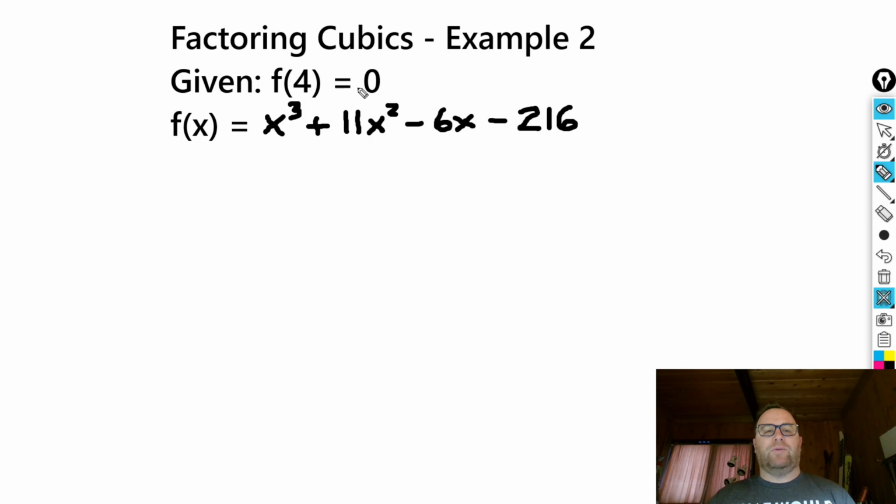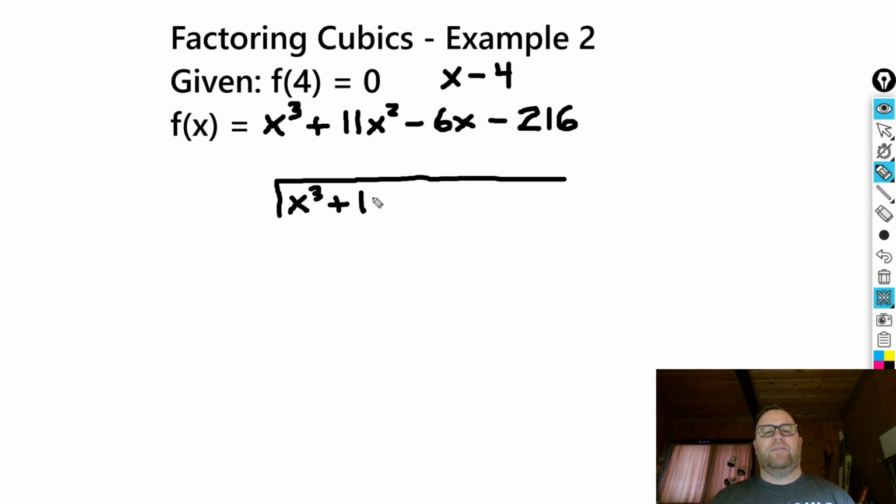Since f of 4 equals 0, we know from the factor theorem that x minus 4 is going to be one of the factors of f of x. Okay, so we can divide out f of x here. So we'll have x cubed plus 11x squared minus 6x minus 216.